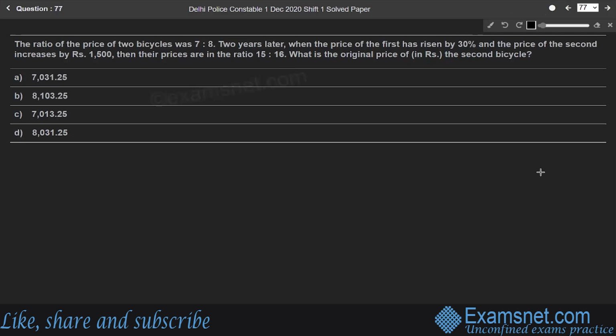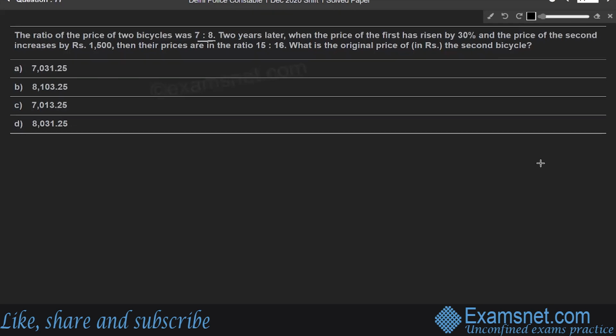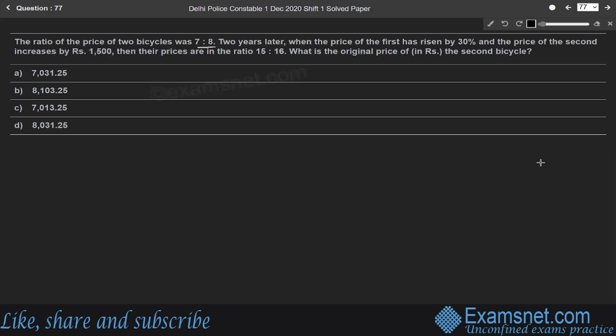Question 77. The ratio of the price of two bicycles was 7:8. 2 years later, when the price of the first has risen by 30% and the price of the second increases by rupees 1,500, then their prices are in the ratio 15:16. What is the original price of the second bicycle?